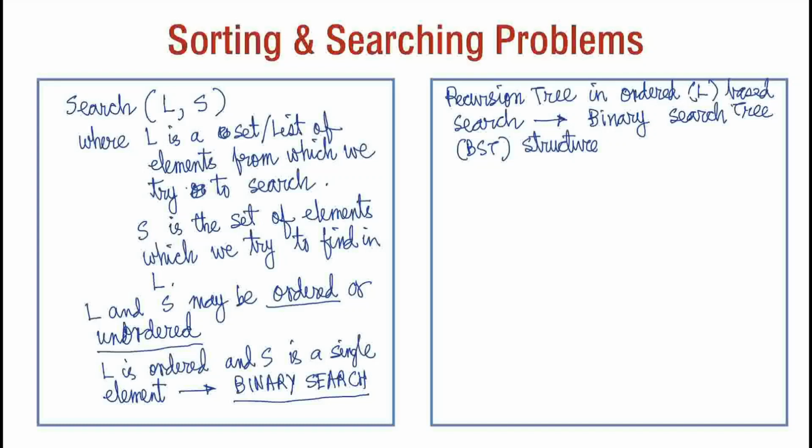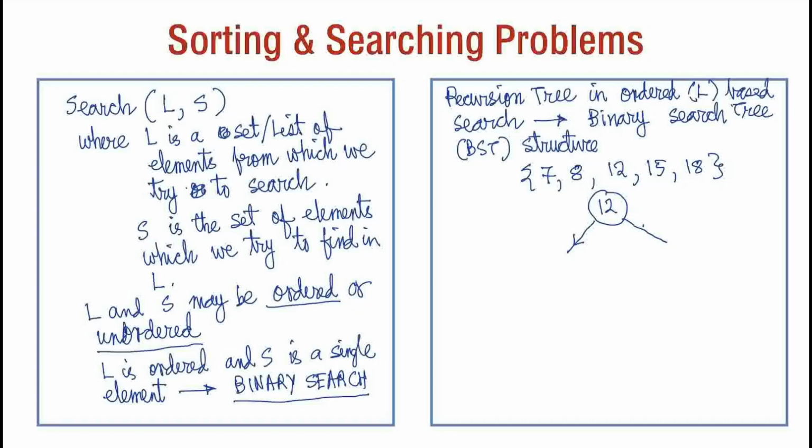For example, if we had a set of elements, say 7, 8, 12, 15, 18, then this yields a structure. Suppose our first choice is 12, then on this side we have all the elements less than 12.